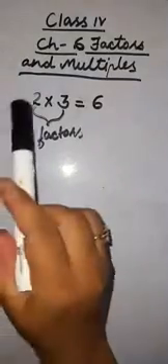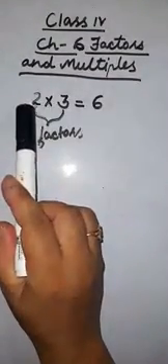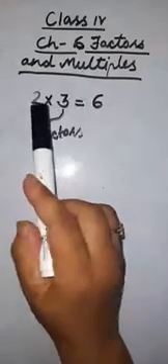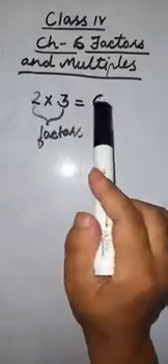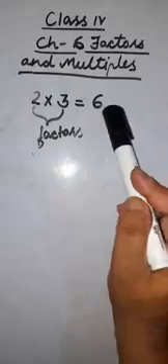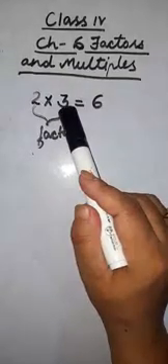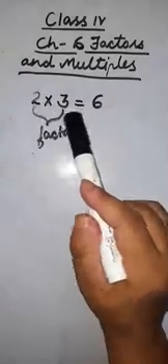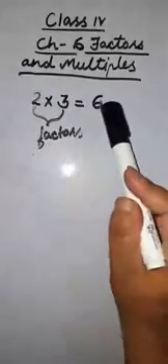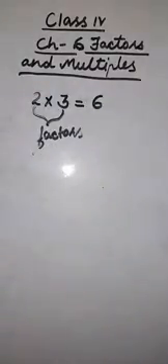So when we multiply two numbers, here 2 and 3, we get another number, or we can say that it's the product of these two numbers. So these are known as the factors of this number. Okay?